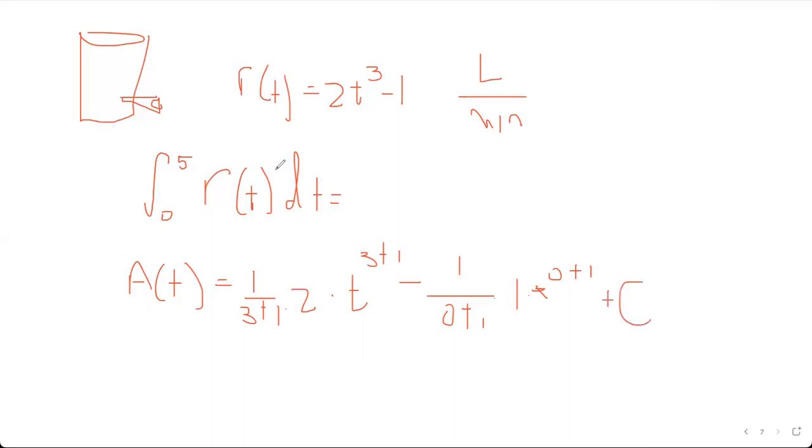We don't need the plus c in this case because it's a definite integral, but when you're showing your work to find the amount function, you would need that. 1 over 4 times 2 is just 1/2, t to the power of 4, minus 1 over 0 plus 1, which is just 1, times 1 is 1, times t to the power of 1. So you get 1/2 t to the power of 4 minus t to the power of 1, or just t.